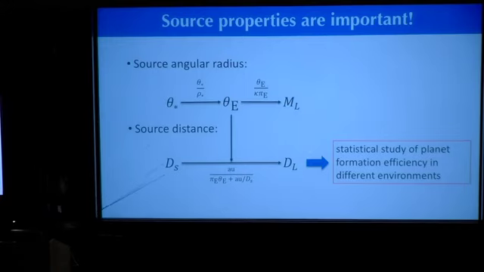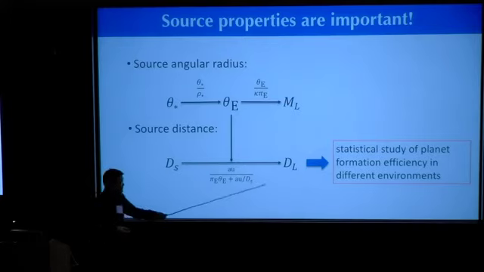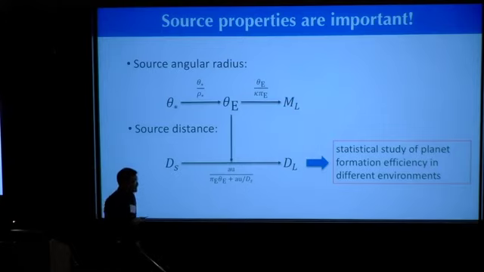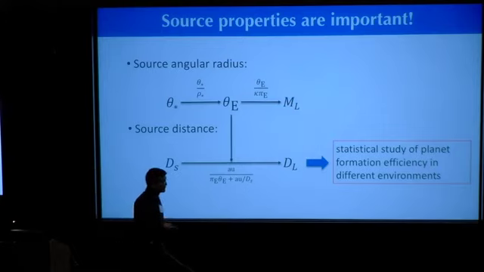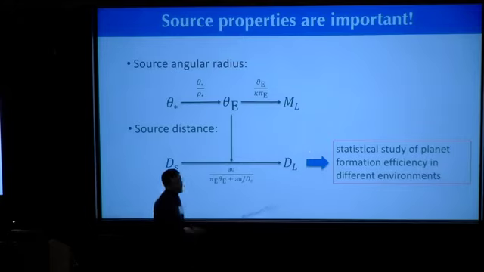But if somehow we can determine the source distance, then combined with the parallax and the finite source size, we can determine the lens distance uniquely as well. And this is important if you want to study, for example, how the lens is partitioned in the disk and in the bulge. And if some of these lenses have planets, then you can study the planet formation efficiency in different environments, like in the disk and in the bulge.